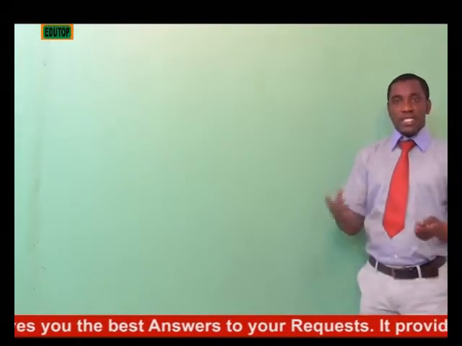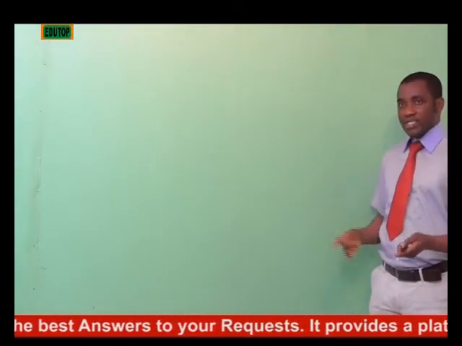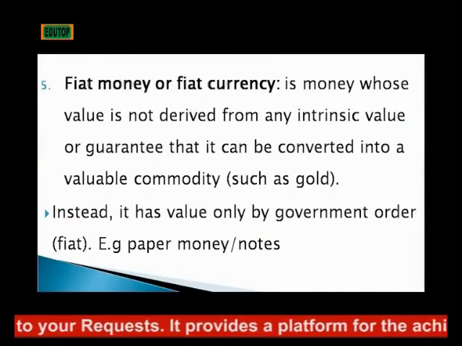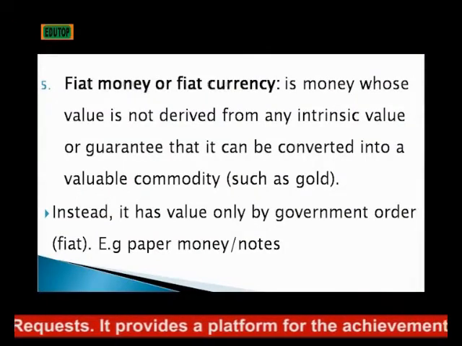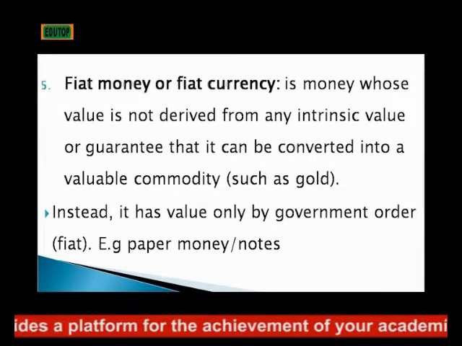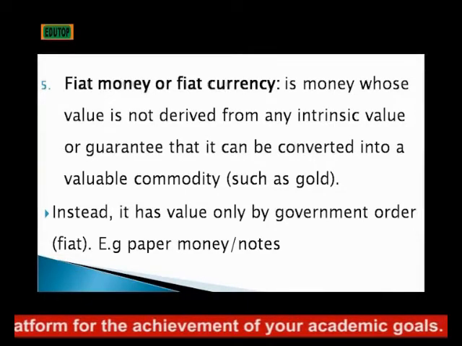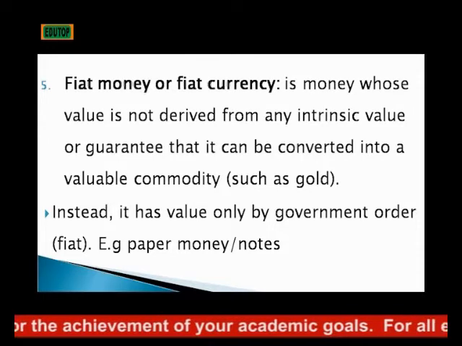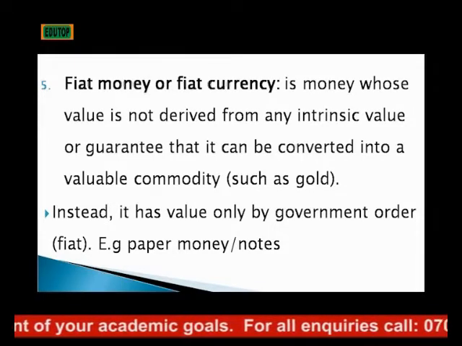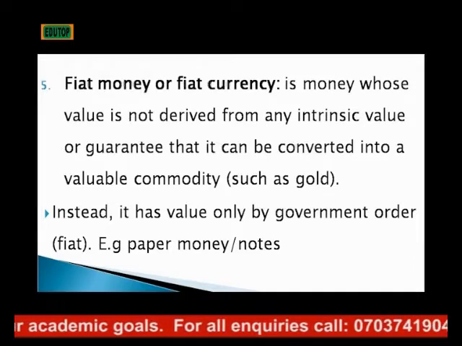Also, we have fiat money, or what we call fiat currency. It's money whose value is not derived from any intrinsic value or guarantee that it can be converted into a valuable commodity, such as gold. Instead, it has value only by government order. It's only by government order that we use it as money.